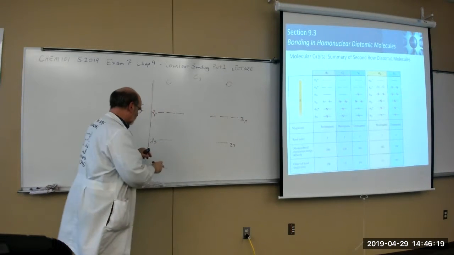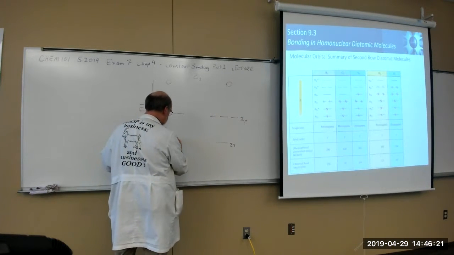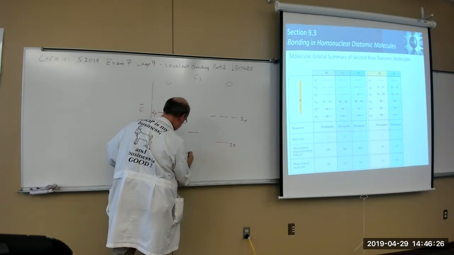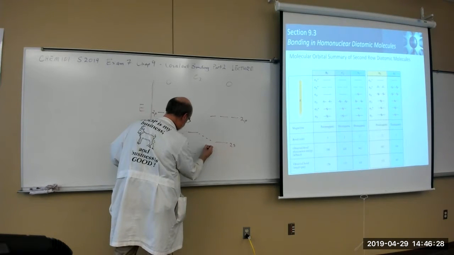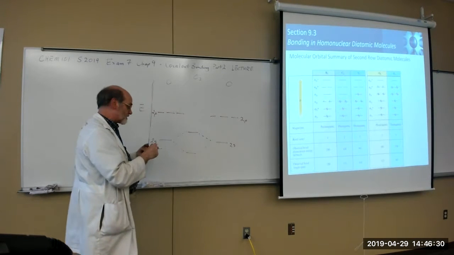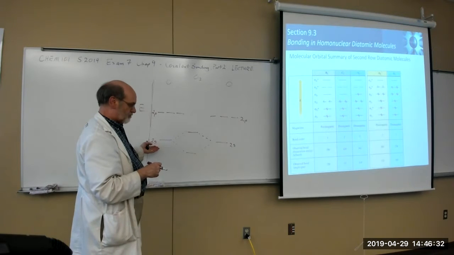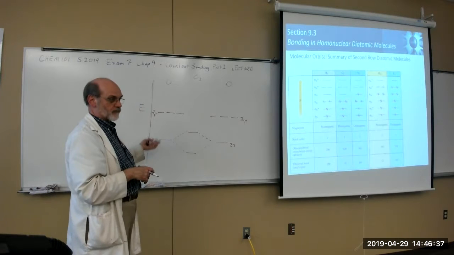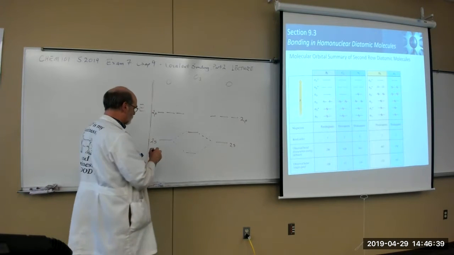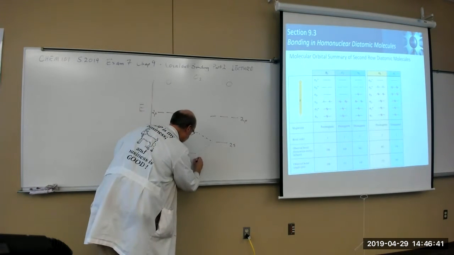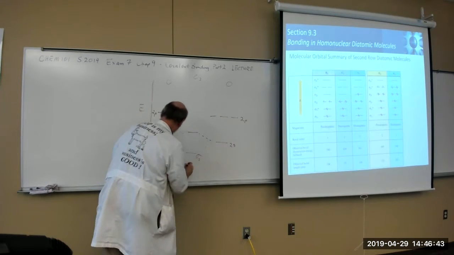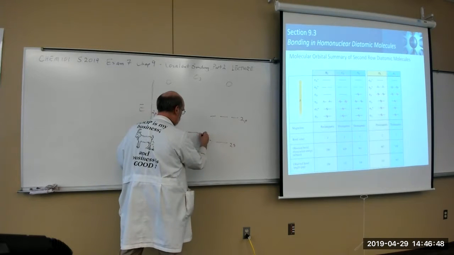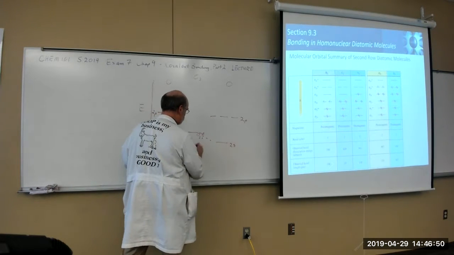These two s's come together and make, just like our dihydrogens, except these have principal quantum number 2 instead of 1 for hydrogen. So here we have a sigma orbital derived from a 2s, and here we have a sigma star derived from 2s.